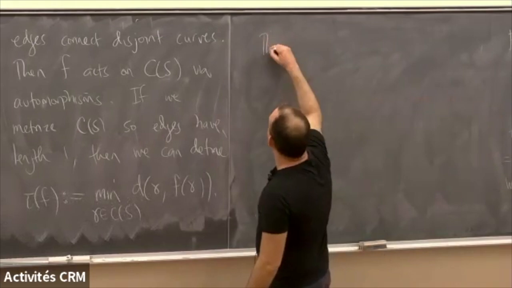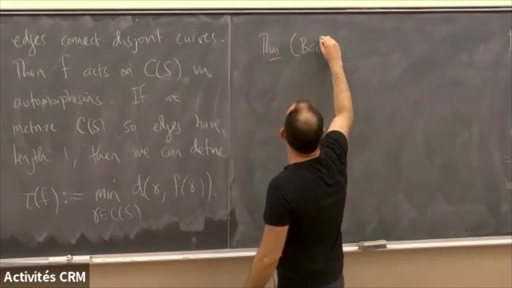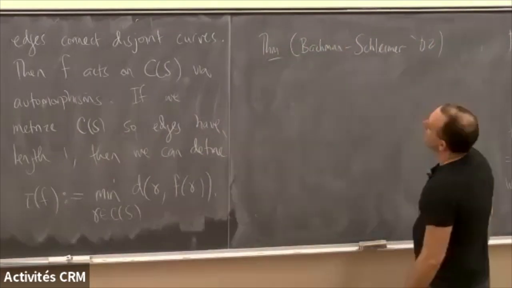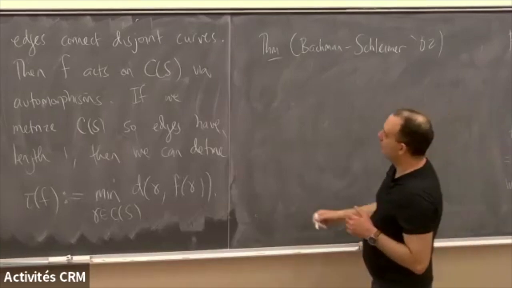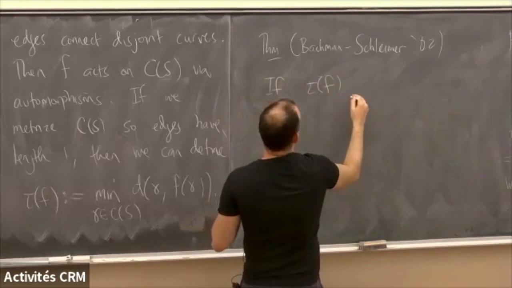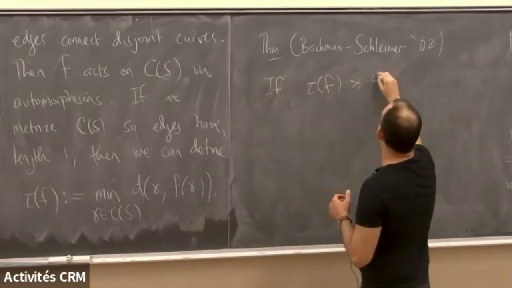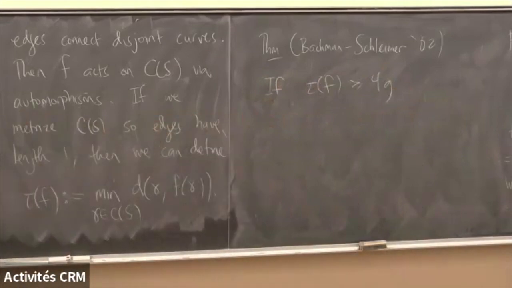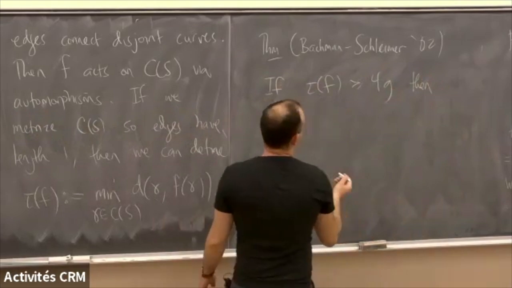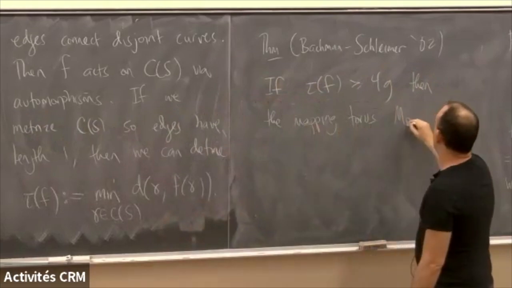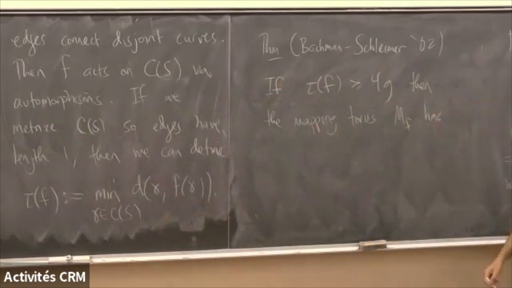And so there's this theorem from '02 by Bachman and Schleimer that says that if the translation length of F is at least 4G, where remember G is the genus of this surface, then the mapping torus M_F has Heegaard genus 2G plus 1.